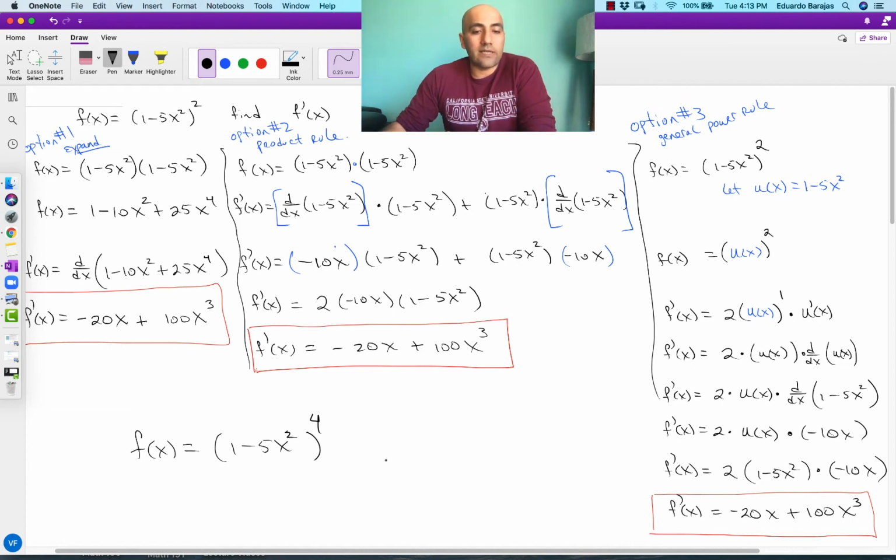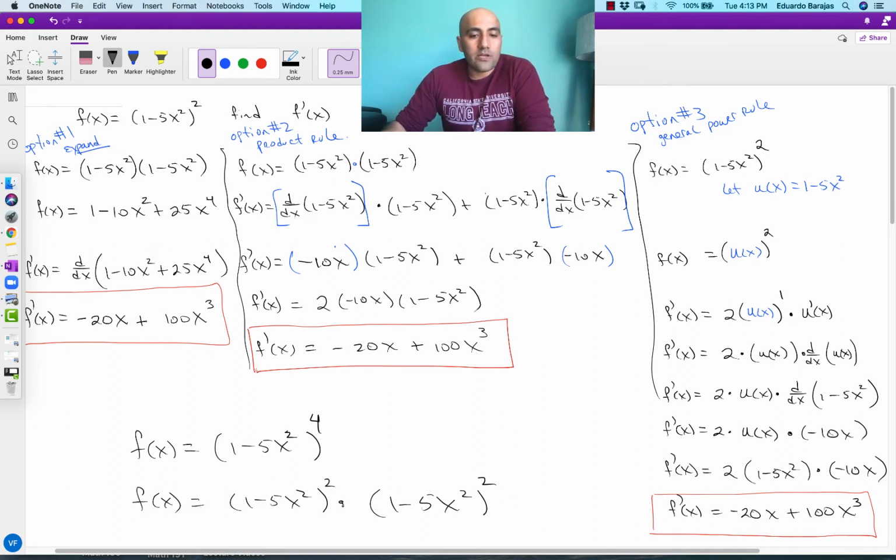That could take a long time. You know that's going to be a very long, ugly polynomial. And for this one, for the product rule, well, same thing. You'd have to rethink it as a product of 2. You'd kind of take 2 at a time. It would just be ugly, right? I guess we already know the derivative of squared, so I guess you could think of it this way. 1 minus 5x squared times 1 minus 5x squared.